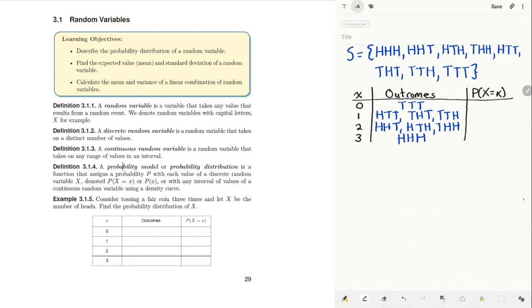Now, because the coin is fair, this means that each outcome will be equally likely, and so we can calculate the probability by taking the number of outcomes and dividing it by the total possible outcomes. So the probability for X equals 0 is going to be 1 out of 8.